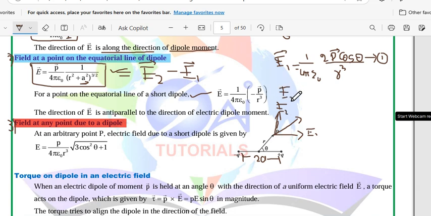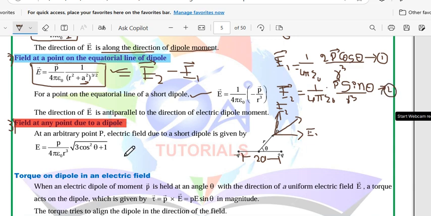Now E2 will become 1 divided by 4 pi epsilon naught into P bar into sine theta divided by r cube. This is equation number 2.